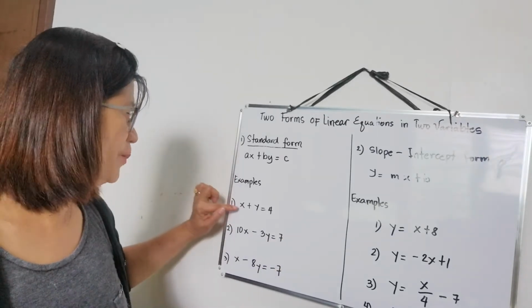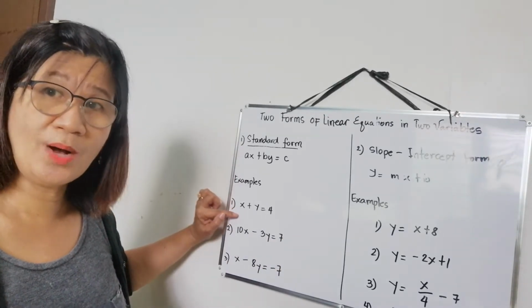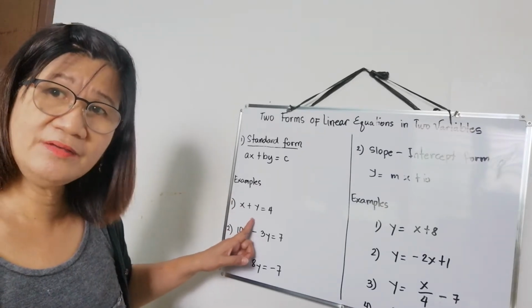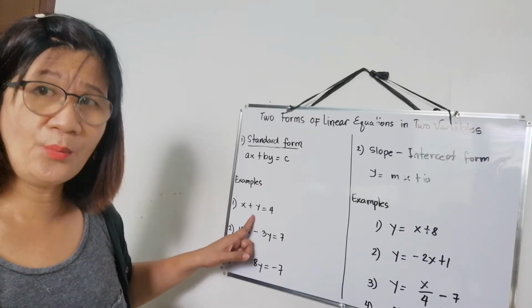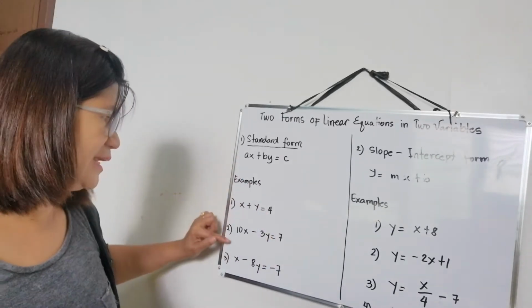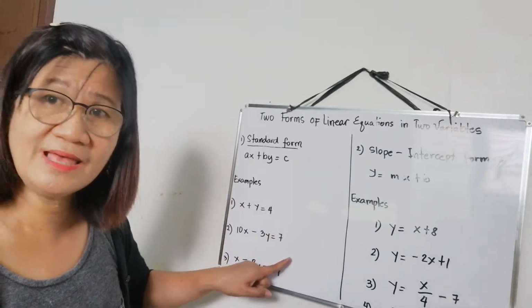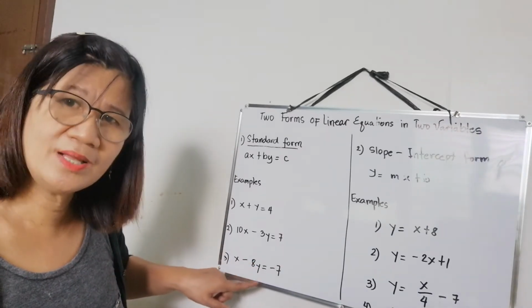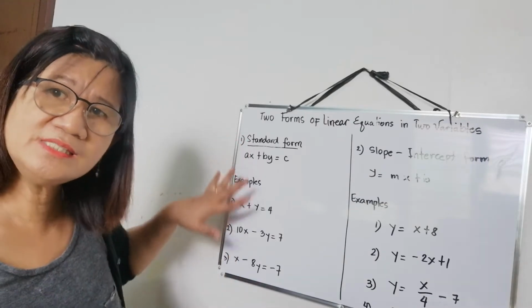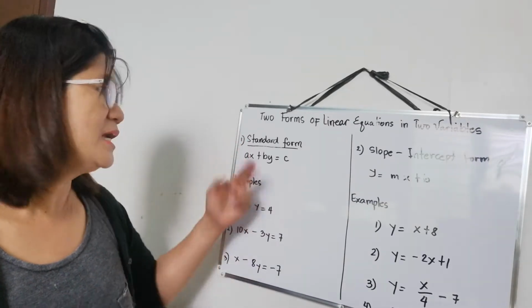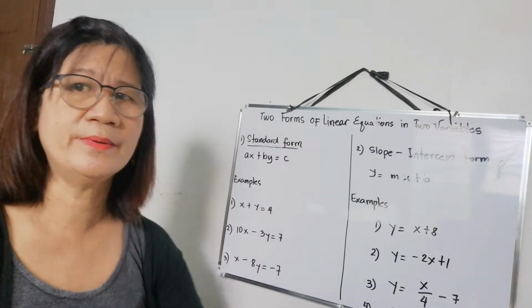The value of a here is understood 1. Yung katabi ni x, understood 1 yan. Then, the value of b is also 1, while the value of c is 4. Another, 10x minus 3y equals 7. Another, x minus 8y equals negative 7. So these are examples of a linear equation in two variables in standard form.